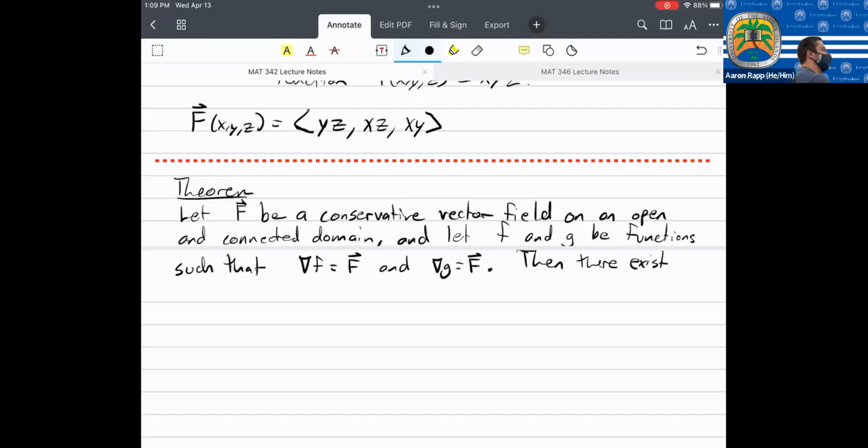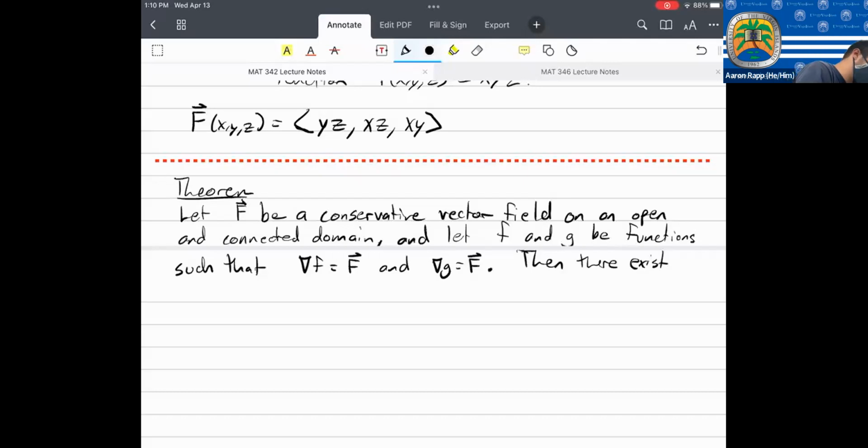I'm going to get y'all to deduce what the connection is right now. If the derivatives of two functions are the same, that means the original functions only differ by a what? By a constant. So if these two functions generate the same vector field, they only differ by a constant.